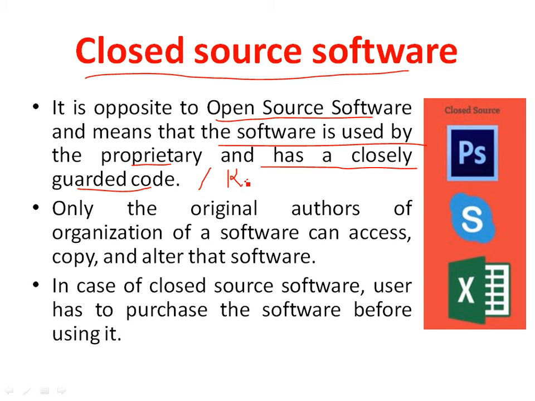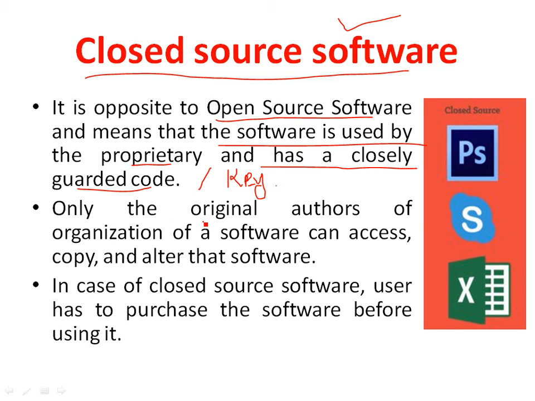Without this key, the software remains locked. If anyone wants to use it, it behaves only partially. It means it does not give you the full-fledged advantages of usage. So if you want this type of software, you have to pay its cost.